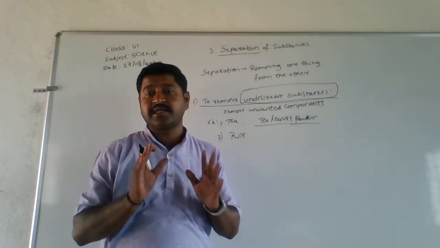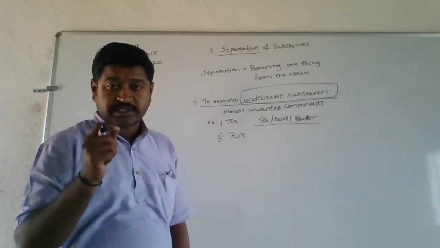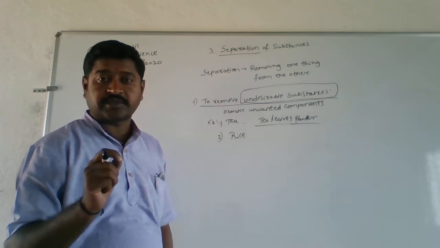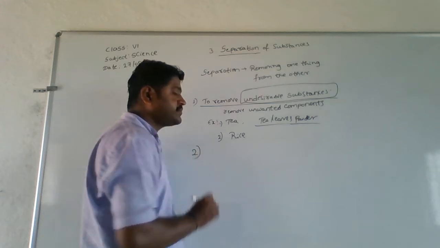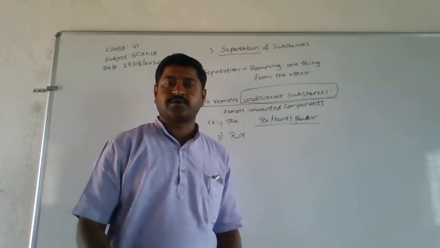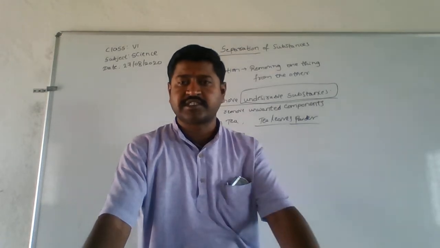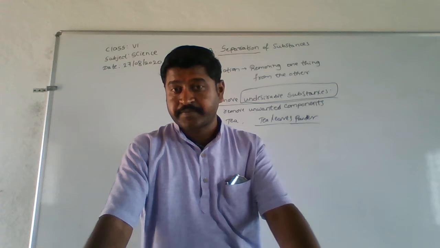They are undesirable substances, so we have to remove them. So this is one of the necessities to separate substances. Then which is the second one? To remove undesirable substances, we have made use of separation. Then apart from this, what else is there?